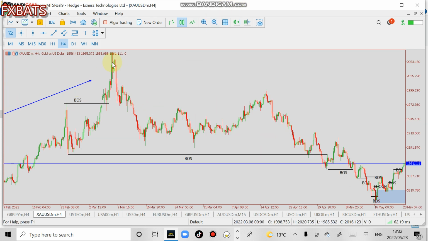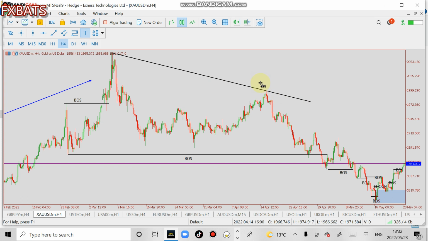As we see, the break of market structure before the trend changed from bullish to bearish. We saw the major break of structure, which is here, and we continue to see a shift in momentum.